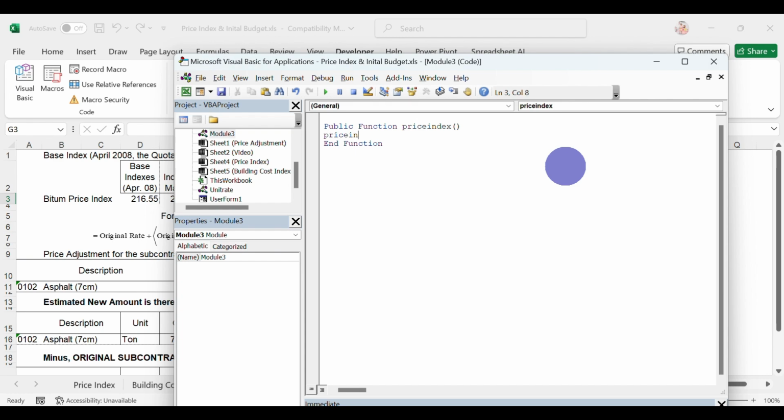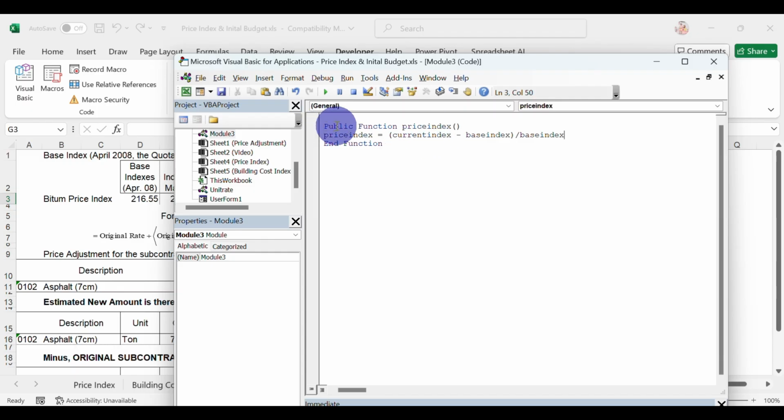Price index equals current index minus base index, I put brackets here, times, and divide by base index.